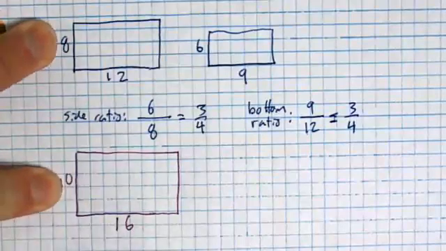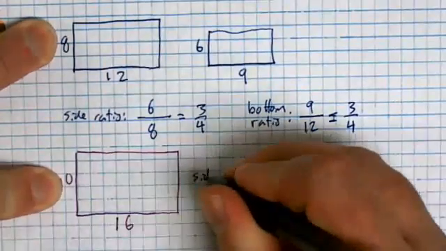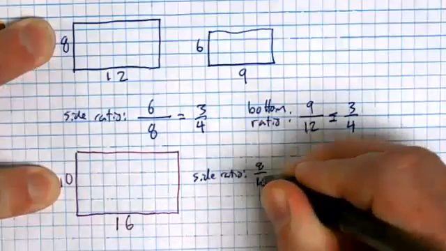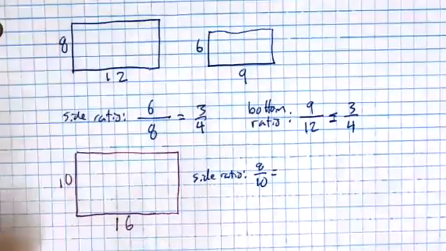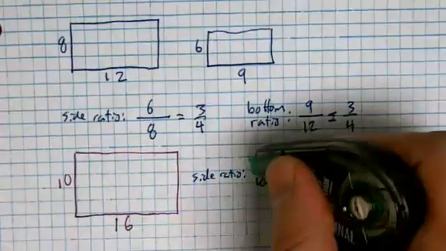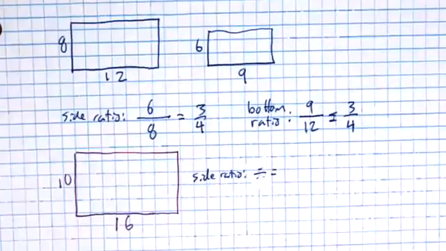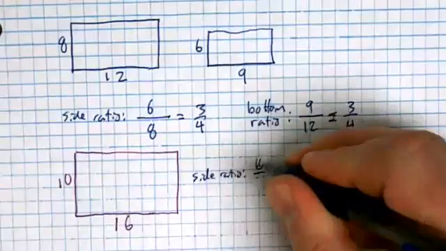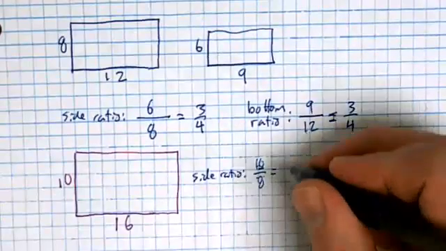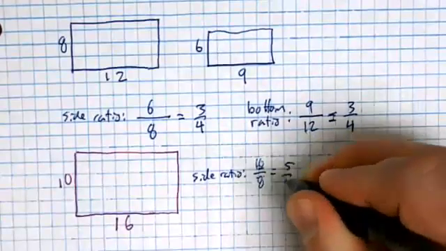If I go the side ratio, that would be 8/10, which we already, oh no, we haven't done 8/10 yet, have we? I'm sorry, that wouldn't be 8/10 the way I've been doing it. Let me be consistent here. I flipped it around, didn't I? It would be 10/8. 10/8 is the same as 5/4.